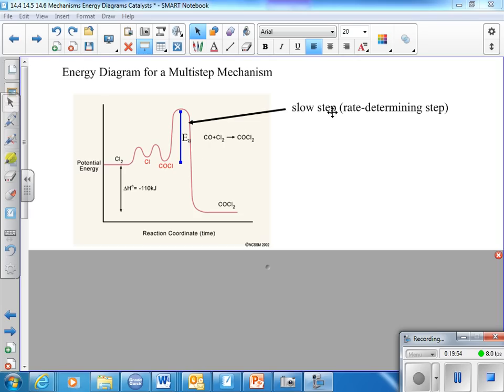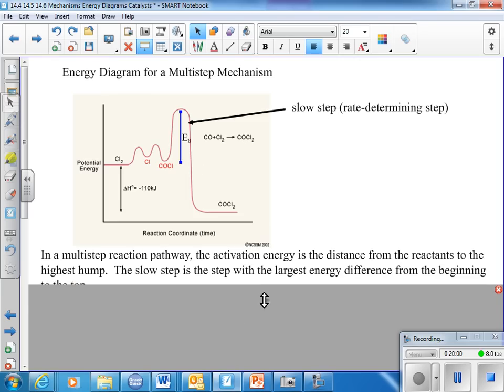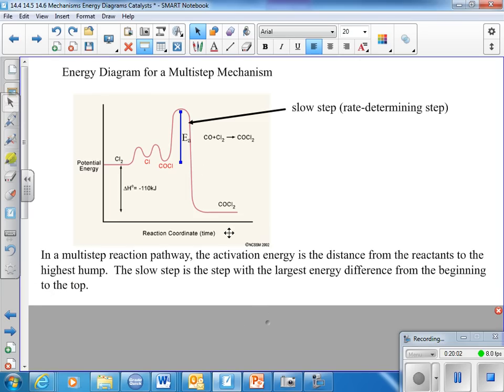The highest hump, the largest hump, is the slow step. And the activation energy would be the distance from the reactants all the way to the top of the hump. That's your activation energy, reactants to the top of the highest hump. And the largest hump is the rate determining step.